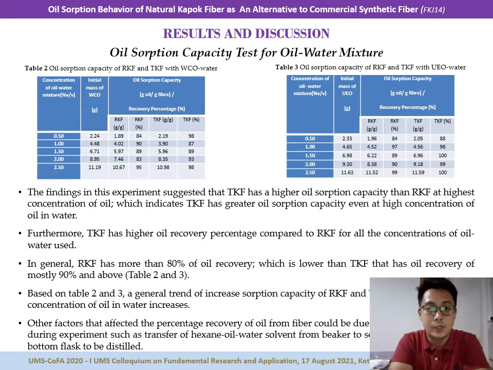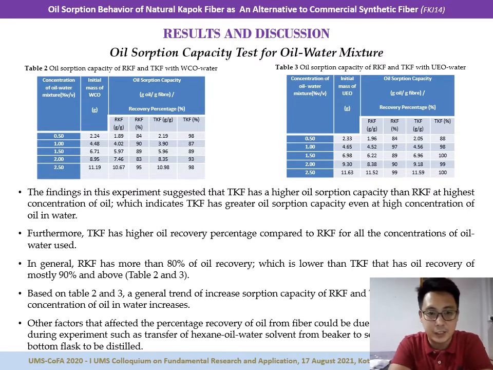Okay, so the oil sorption capacity test for oil and water mixture. As you can see, table 2 is the oil sorption capacity of raw kapok fiber and also the treated kapok fiber with waste cooking oil in water. Table 3 is the oil sorption capacity of raw kapok fiber and treated kapok fiber with used engine oil in water.